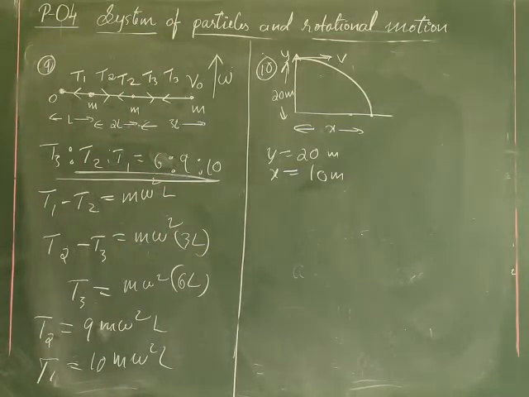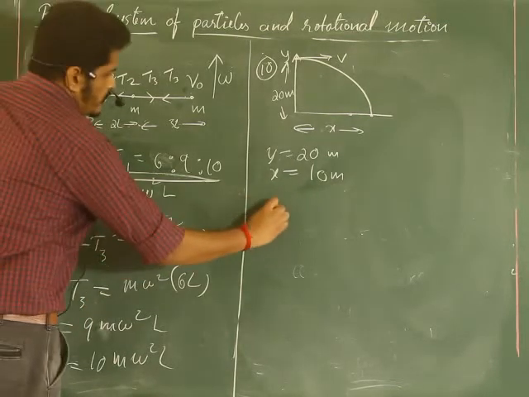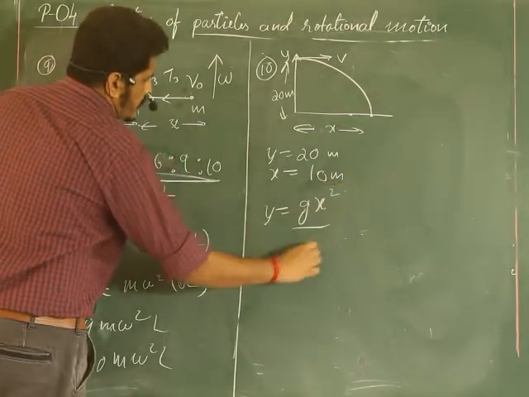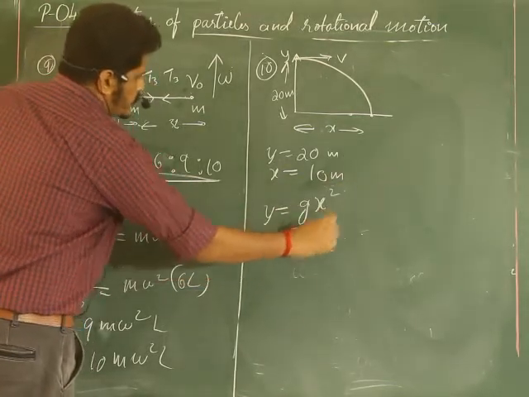Now it is a parabola, and you might remember that in motion in a plane we came across the equation for a parabola. So we can frame the equation y is equal to g x square by 2 v square.